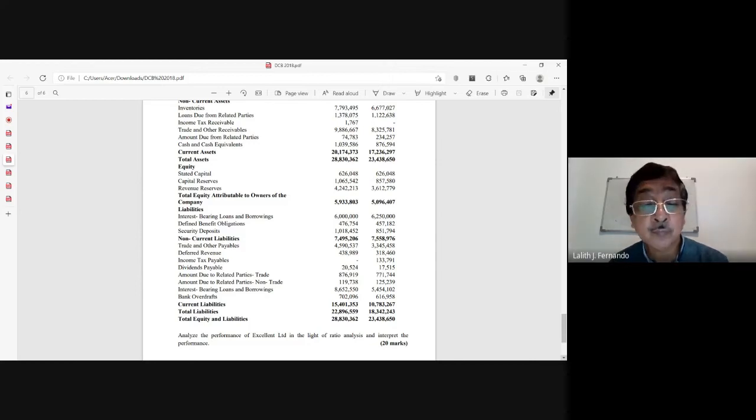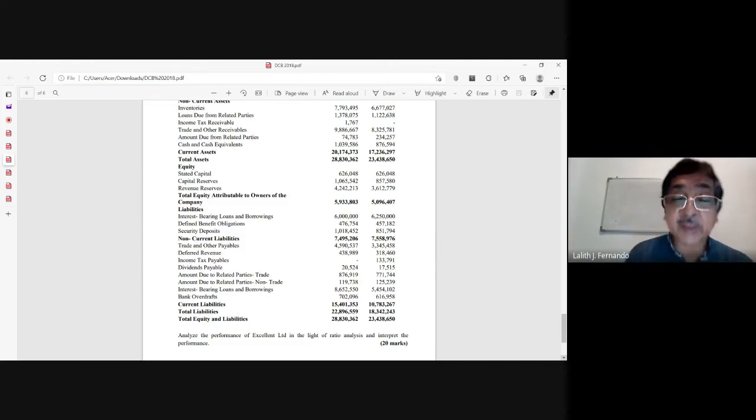Yes. I think the first one is not a difficult one. You can just calculate it, because you have the current assets and current liabilities. So just calculate the current ratio for the year 2016.